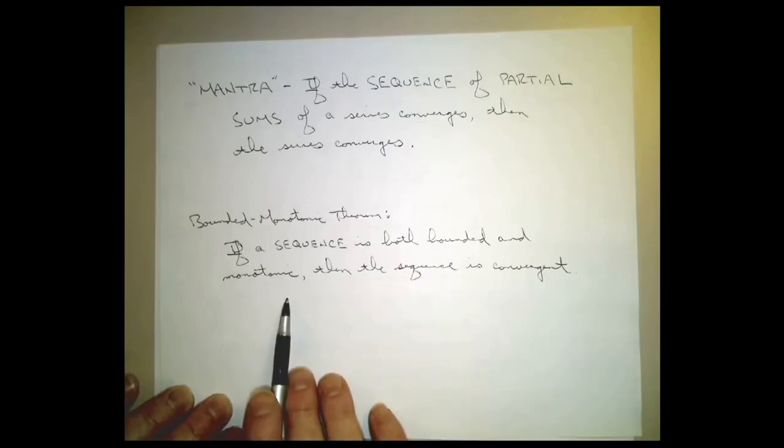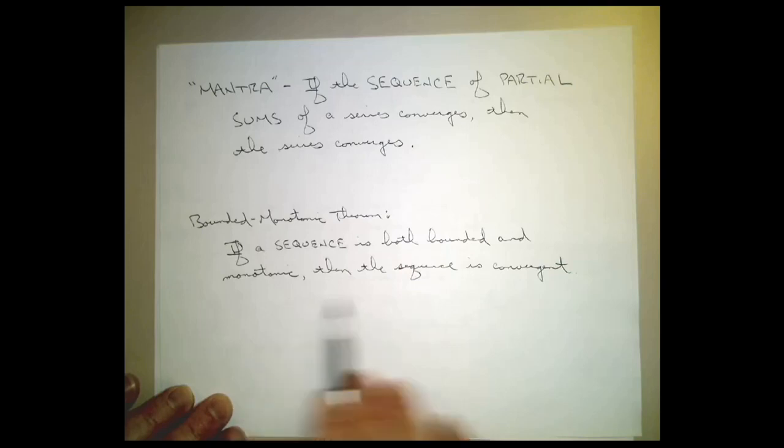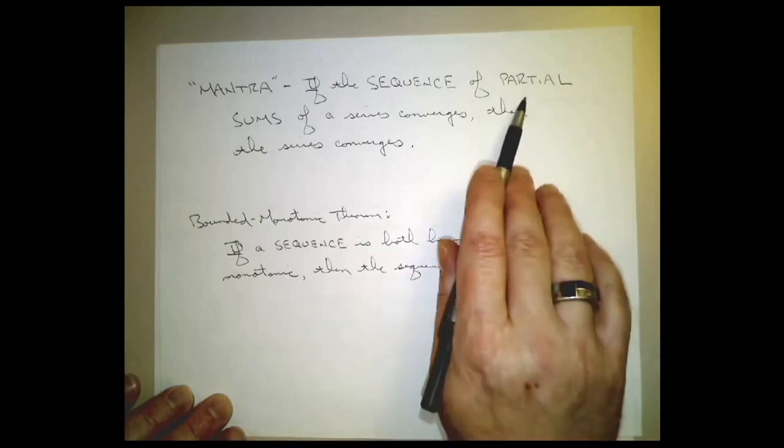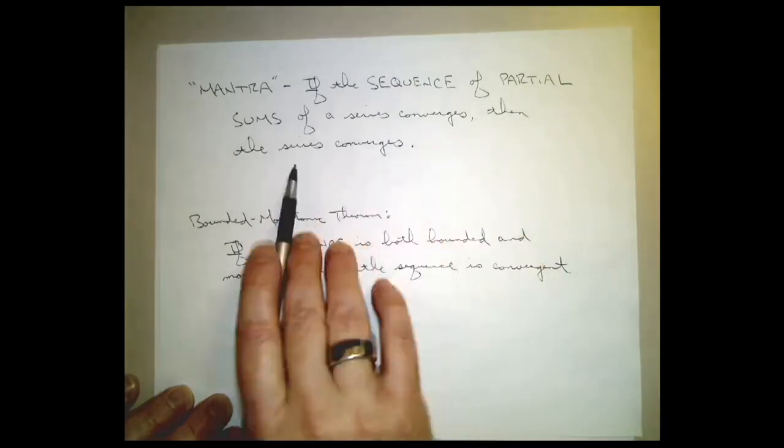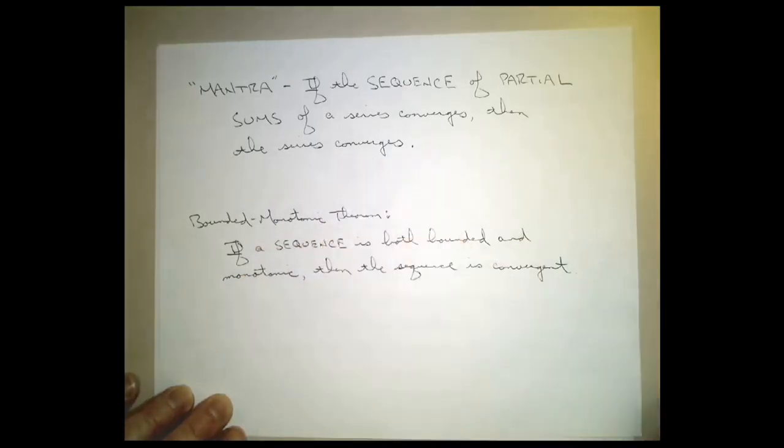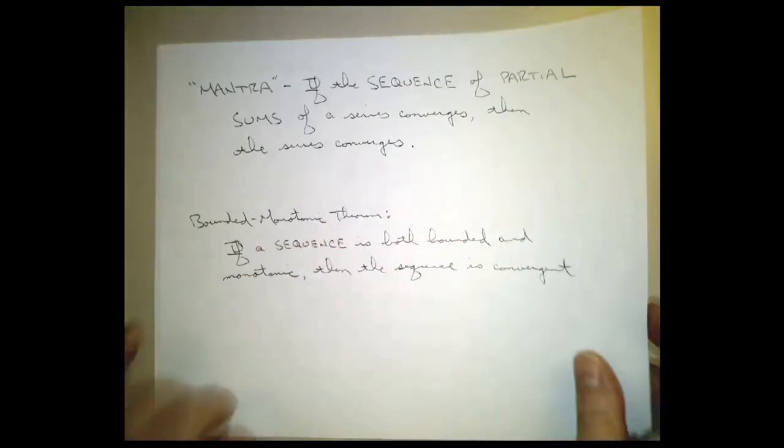But then, since the sequence of partial sums is bounded and monotonic and converges, we have that the series converges. So that's our plan. Let's erase the board and start again.